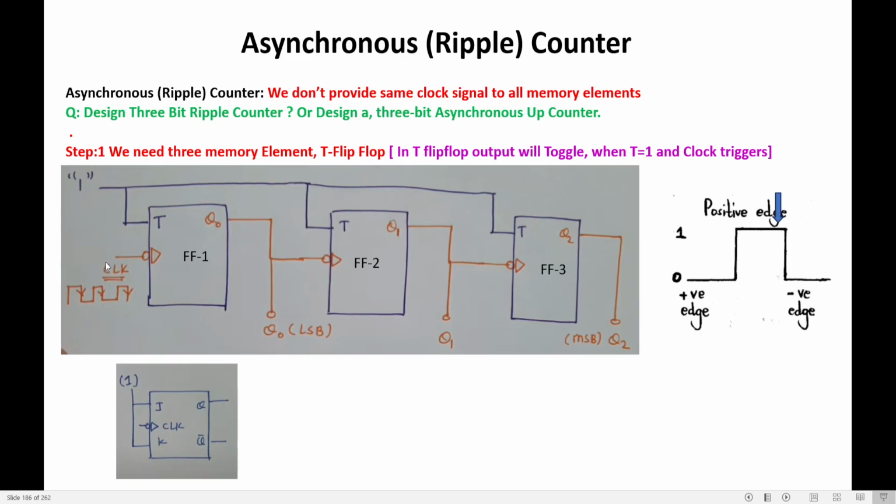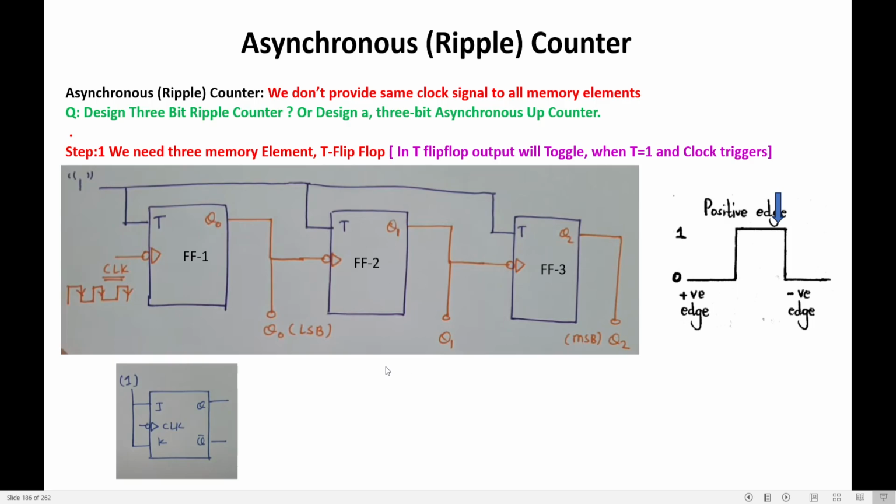I'm going to apply the clock only to the first flip-flop. The output of the first flip-flop will act as the clock of the second flip-flop. The output of the second flip-flop will act as the clock of the third flip-flop. Done. Now where will I take my outputs? Q0, Q1 and Q2 are my outputs.